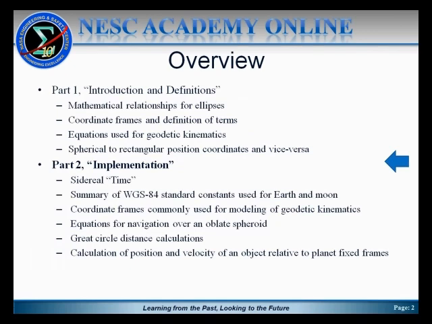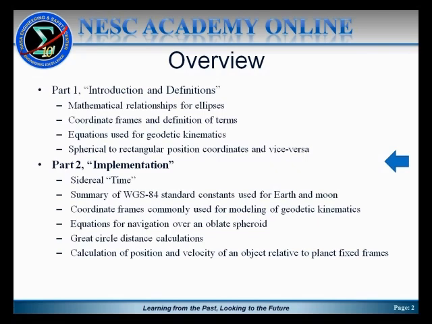As an overview of today's presentation, we'll first begin with a review of what we covered in part 1, which was entitled Introduction and Definitions. In part 1, we discussed various mathematical relationships for ellipses, which is instrumental in defining the characteristics of oblate spheroids.